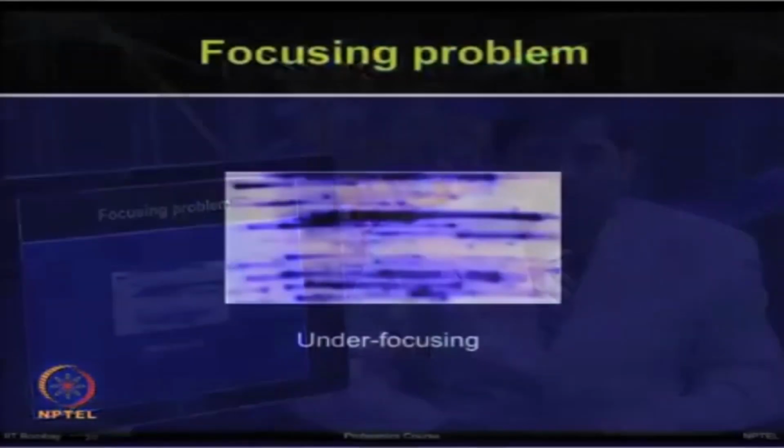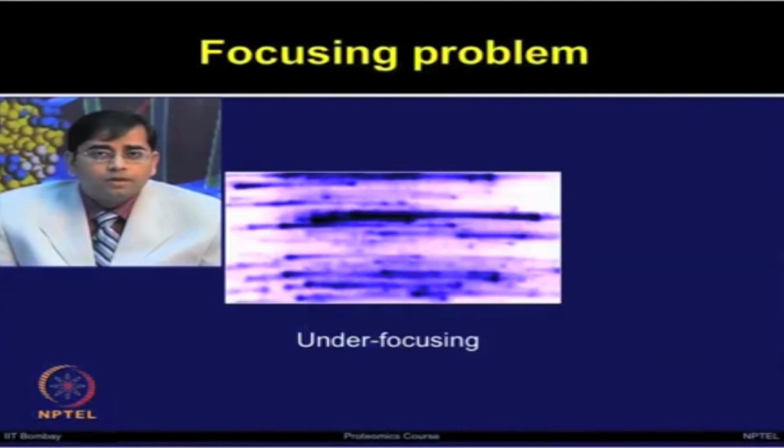Now, the IEF process is very crucial. Many times during the IEF run itself, one can monitor problems if you have software which shows how the run is progressing. Often if your voltage setting is not correct and is insufficient for complete focusing, it may result in under focusing, as shown in this image.